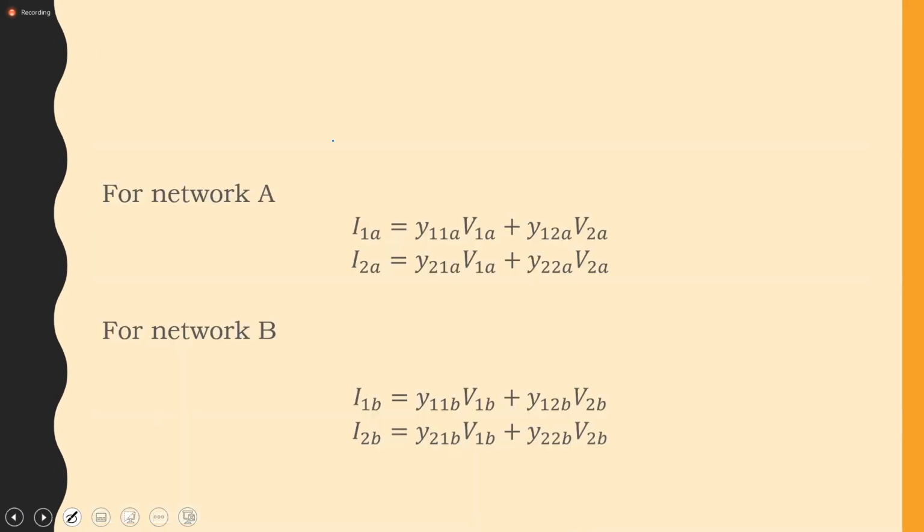So for network A, I can use the admittance parameters of network A for these two equations.